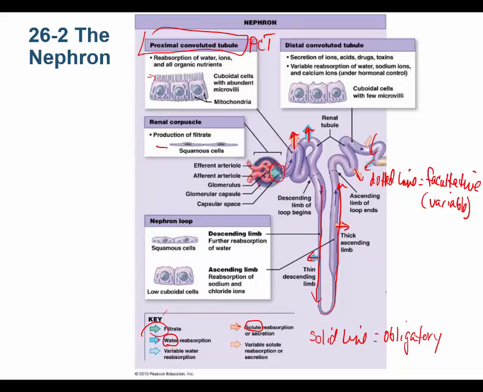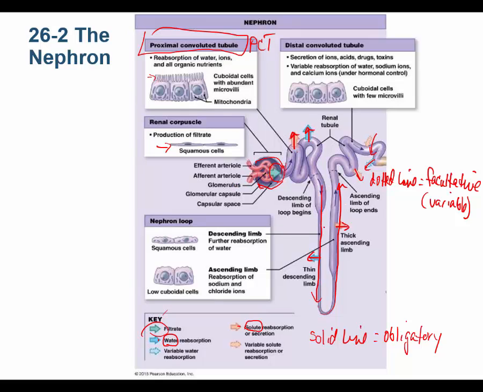So you can see that this is simple squamous epithelial cells. In fact, you can even talk about the cells that make up Bowman's capsule. And Bowman's capsule, the parietal layer is made of simple squamous epithelium, but the visceral layer is the podocytes. They're modified squamous cells. They're called podocytes.